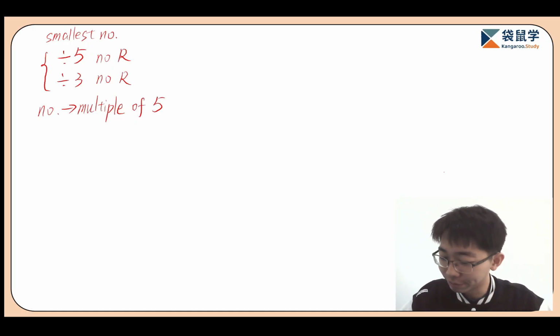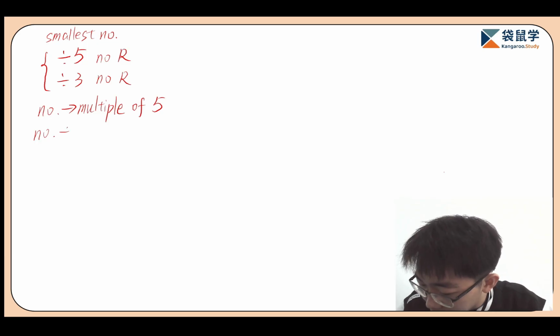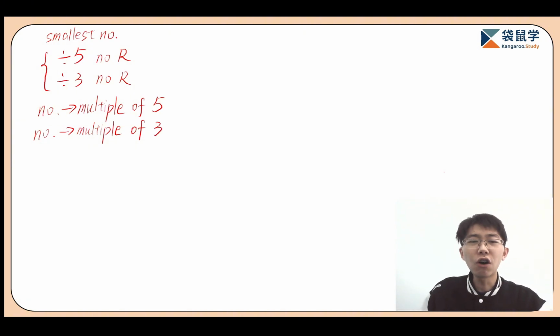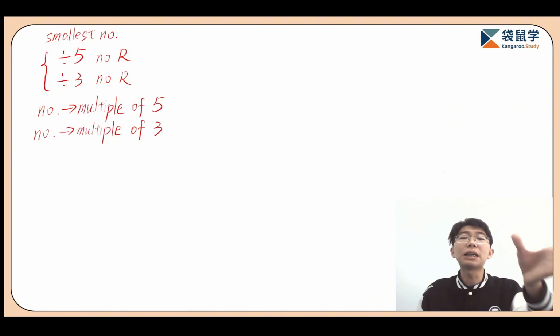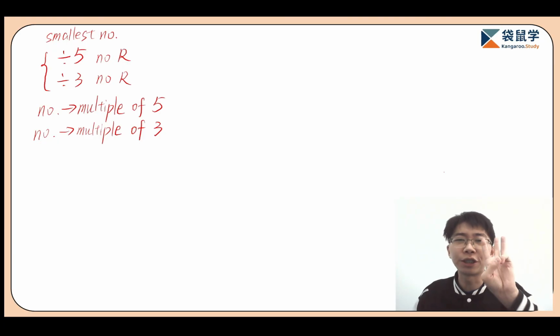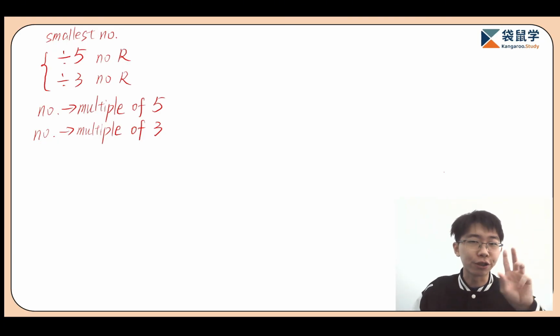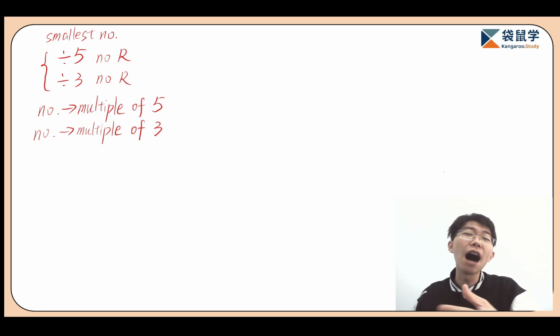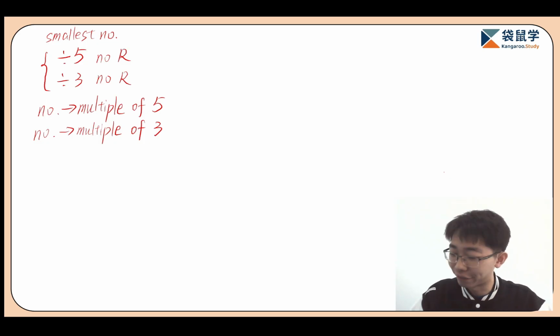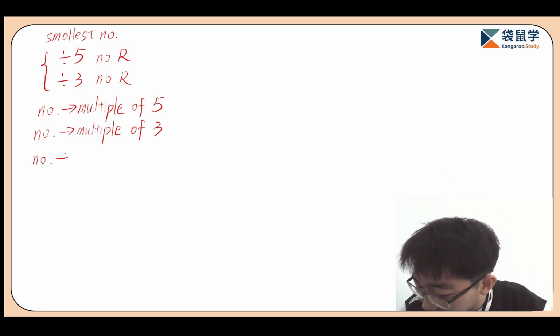Of 3. So again, our number is a multiple of number 3. So our number is both a multiple of 5 and a multiple of 3. So it is a what of 3 and 5? It is a common multiple of 3 and 5.